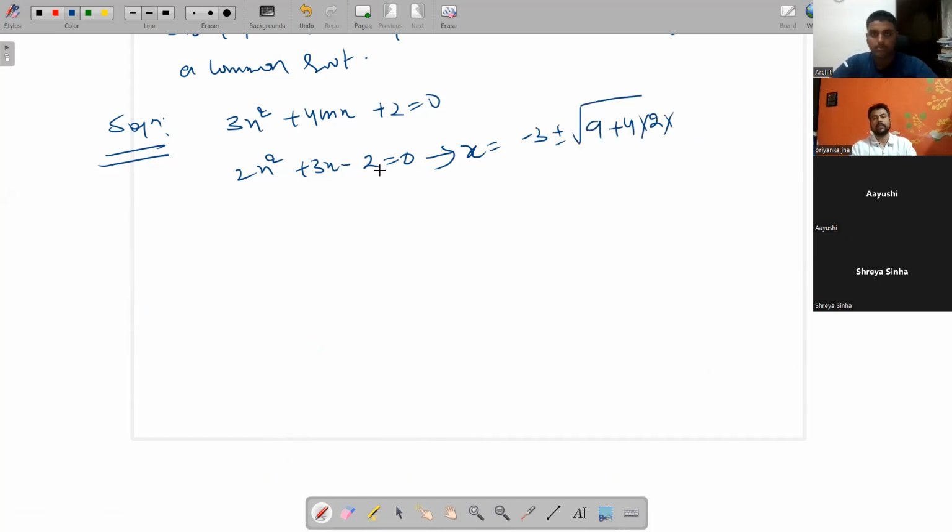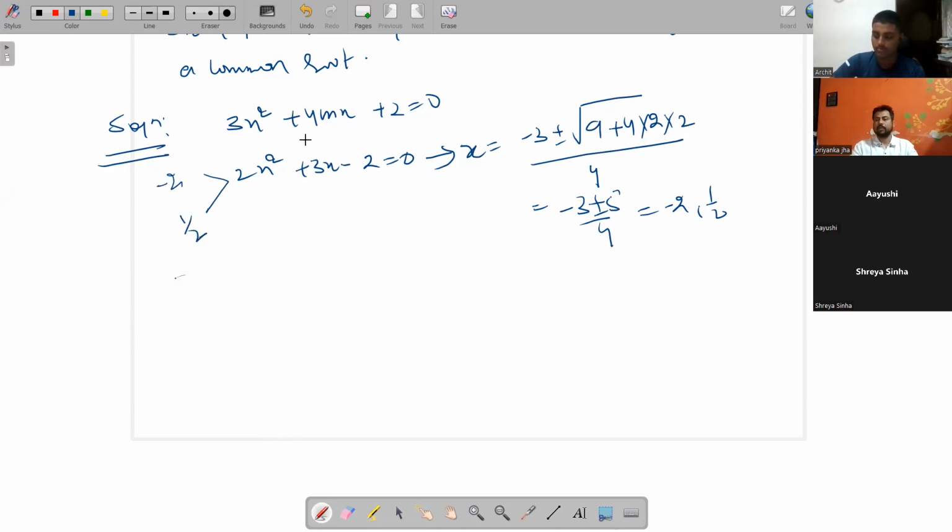If you take c as minus 2, that will make it positive upon 2a, that is 4. So this is 5. So minus 3 plus minus 5 by 2. So roots will be either minus 2 or half. See, we have two roots for this equation, either minus 2 or half. And both the equations have common roots. So maybe minus 2 will be the common root or maybe half can be the common root, right?